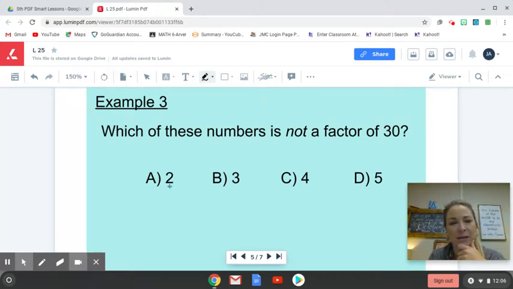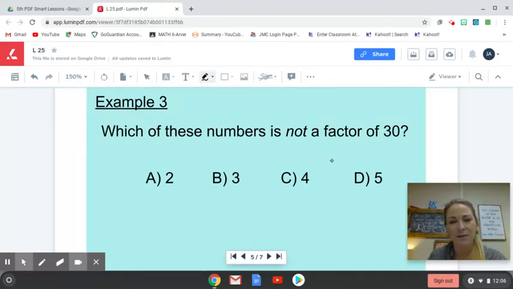So can 2 go into 30 without a remainder? Yes, 2 times 15 can. Can 3 go into 30 without a remainder? Yes, 3 times 10 can make 30. Can 4 go into 30 without a remainder? I don't think so. Okay, so the closest I can get with 4 times 7 is 28, and 4 times 8 is 32.